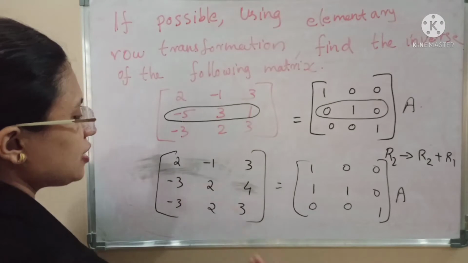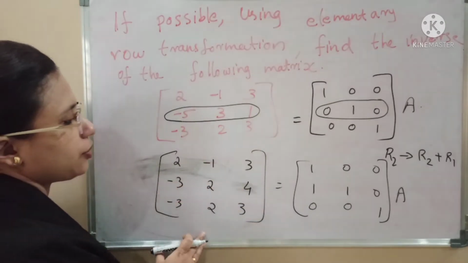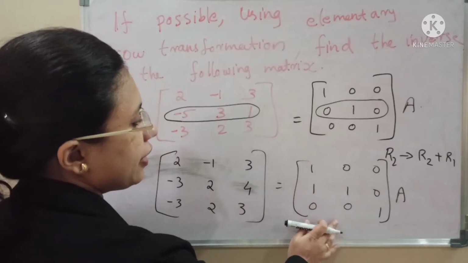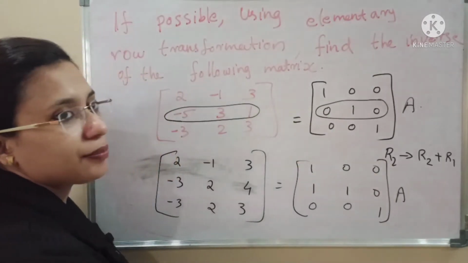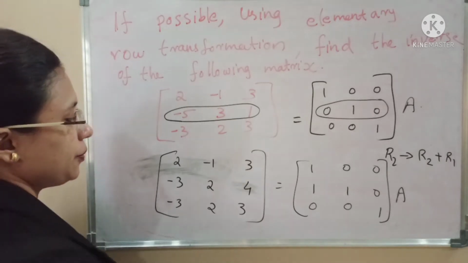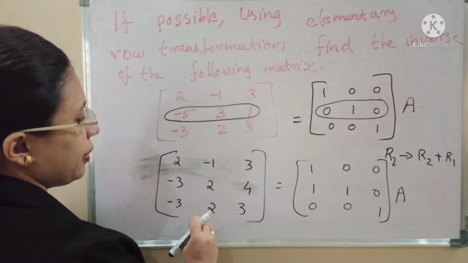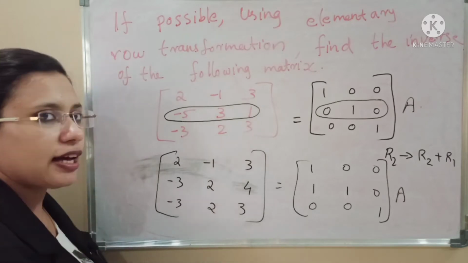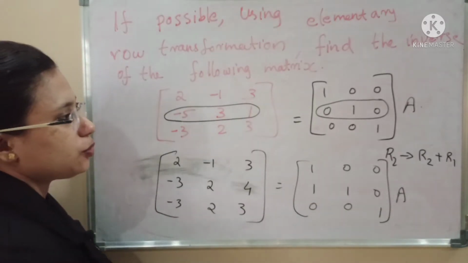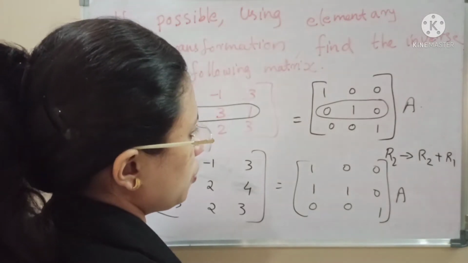As we make changes to this matrix, the terms here will also change, and finally this matrix is converted to A inverse. So our aim is to make this matrix the identity matrix, and that is what we are doing by elementary row transformation.